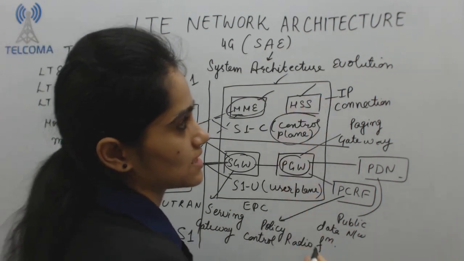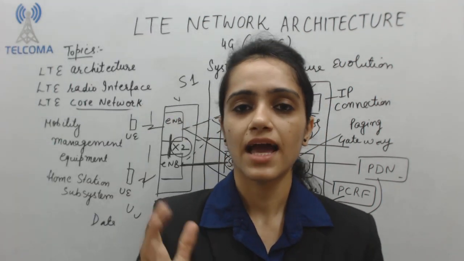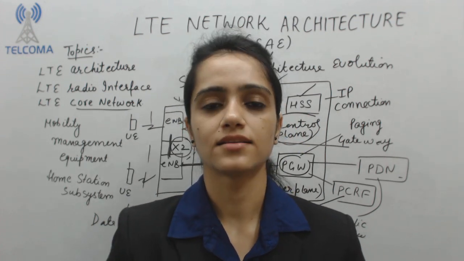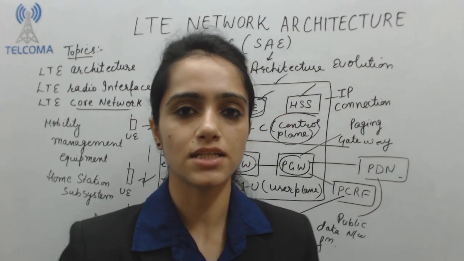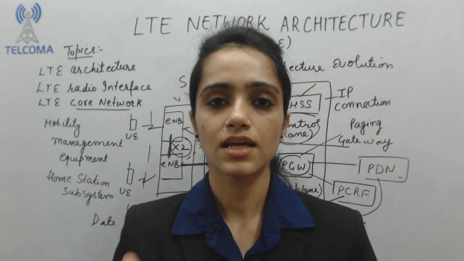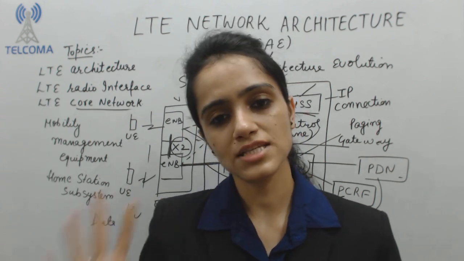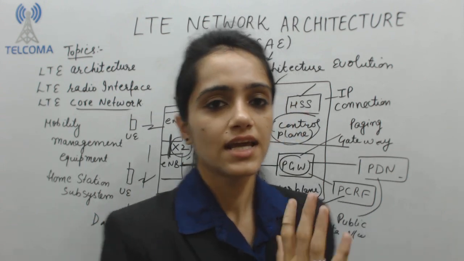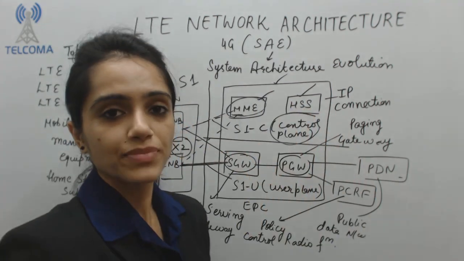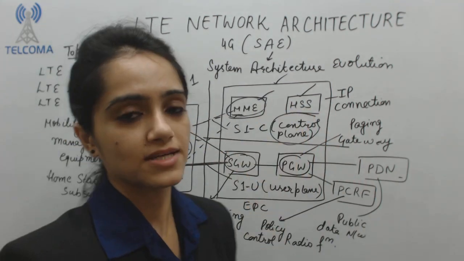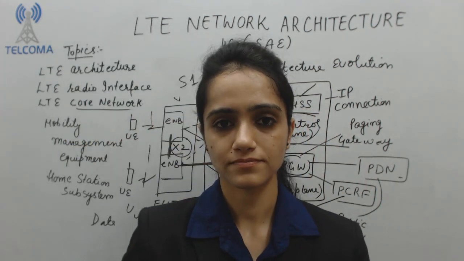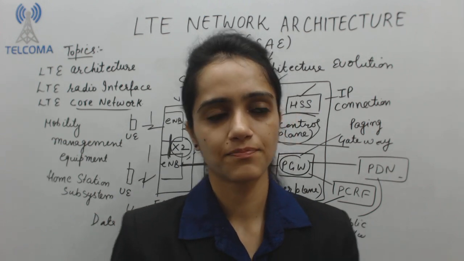Now, home station subsystem function is the same as that of HLR. That means it is a permanent database of subscriber related information, all of which is there in HSS. That's why both these databases are used for signaling purpose.